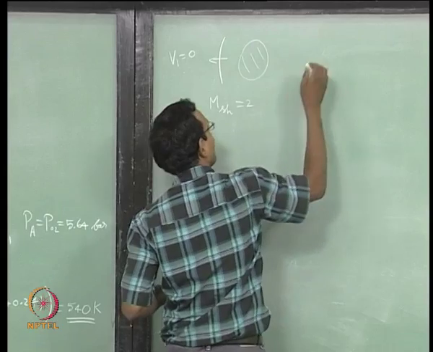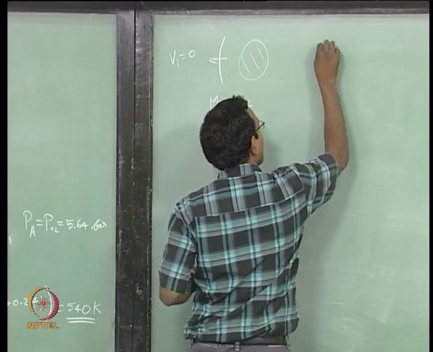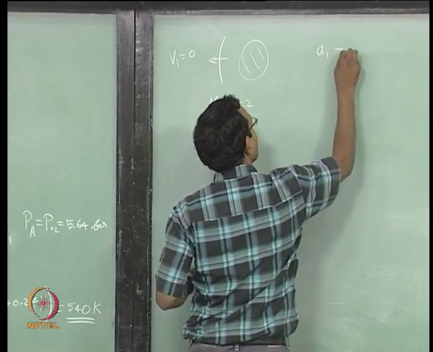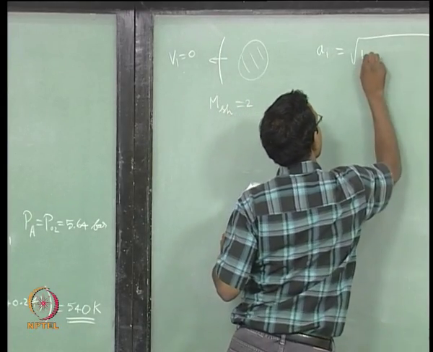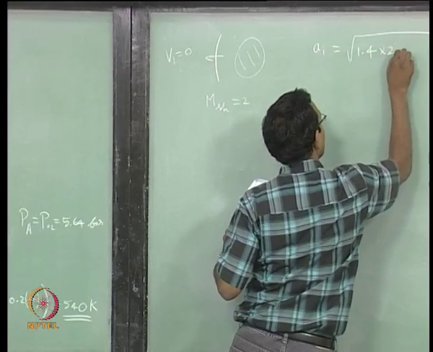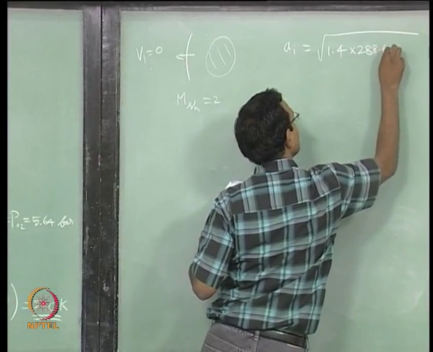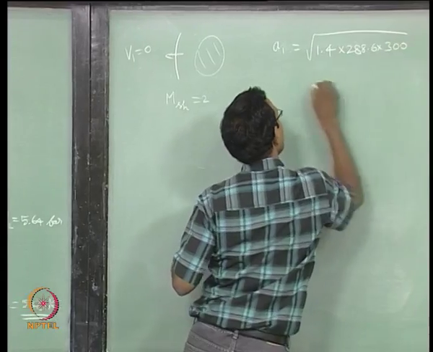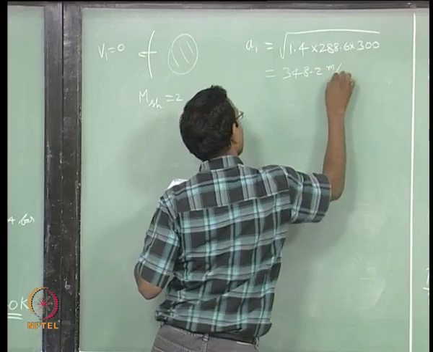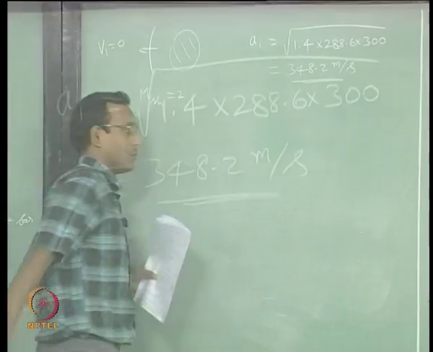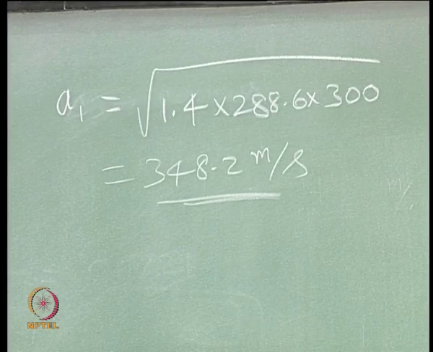A1 for 300 Kelvin air is 288.6 into 300, which happens to be 348.2 meter per second. You can call it 348 meter per second.